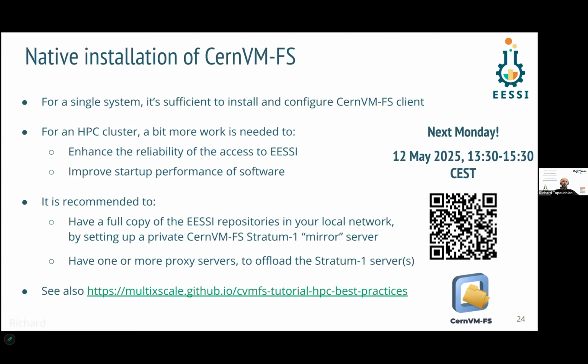In such cases, it is recommended to deploy a private CernVM-FS Stratum 1, or what is called a mirror server, in your local network, which will make a full copy of the EESSI repositories on the Stratum 0, or the central server, along with one or more Squid proxies close to your clients, which will be used to cache the content that was recently accessed. This setup helps offload traffic from the Stratum 1 server or servers and reduces the latency for your clients. It also enhances the reliability of the access to EESSI.